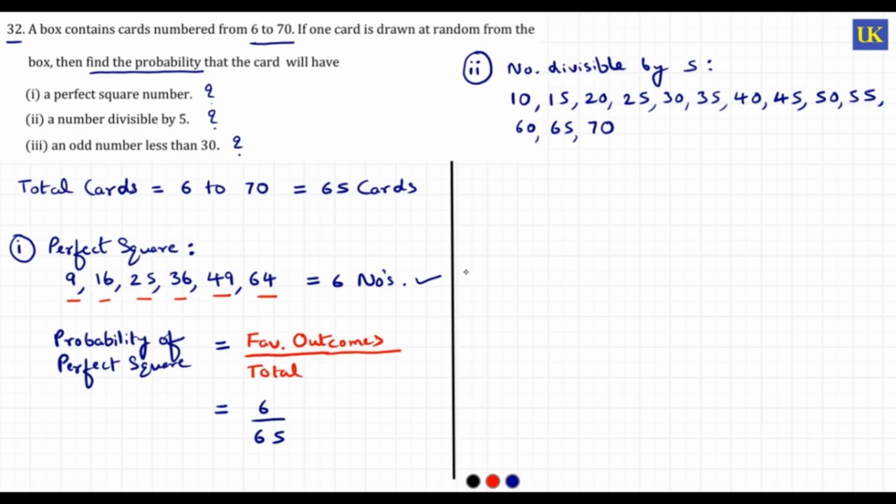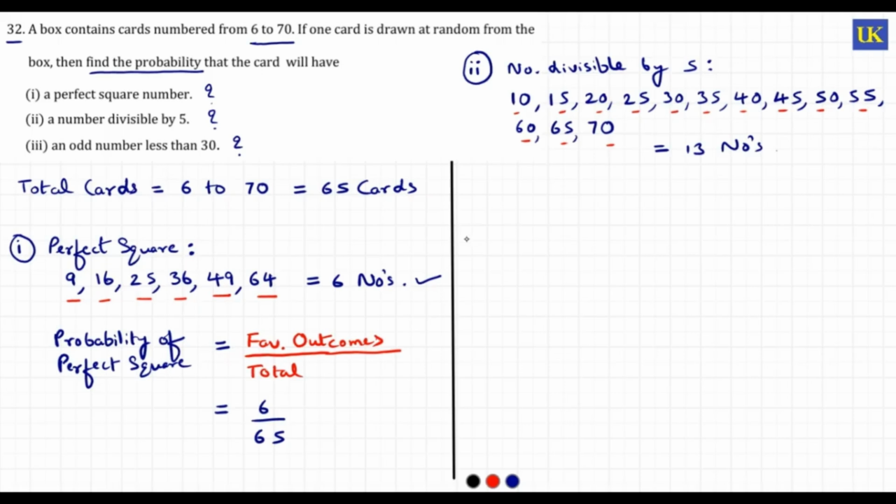How many such numbers do we have here? 1, 2, 3, 4, 5, 6, 7, 8, 9, 10, 11, 12, 13. So in total 13 such numbers we have.